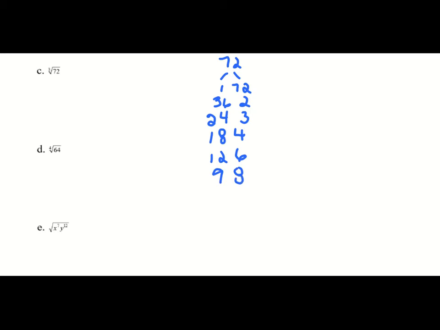Now, we are looking at cubed roots, so we need perfect cubes, not perfect squares. So 36 and 2 is not going to work this time. 24 and 3 are not perfect cubes.